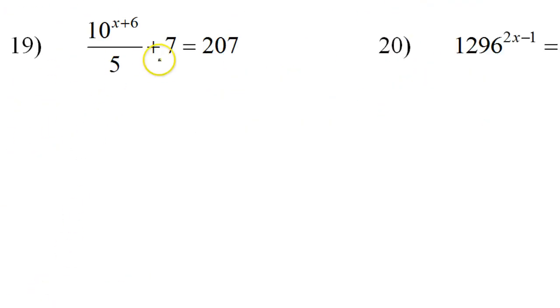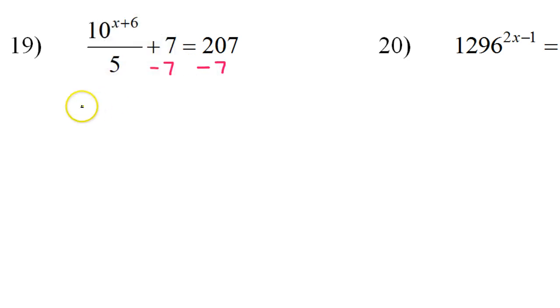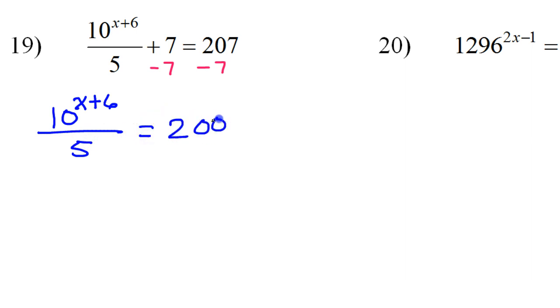Number 19. We need to first get the variable factor by itself. So I am going to subtract 7 from both sides. So that is going to give me 10 to the x plus 6 power over 5 is equal to 200.